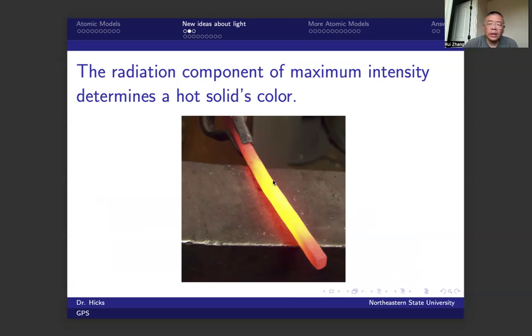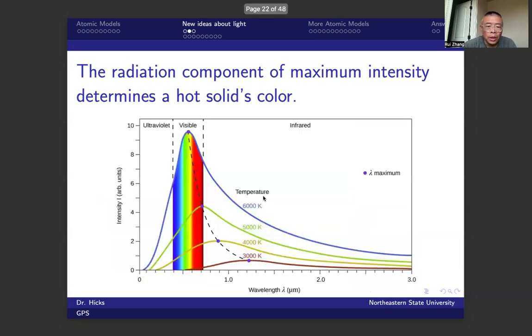And this is the radiation of light coming out of the solid. So you can do quantitative measurements, and you can measure the wavelengths and intensity from this hot solid radiation. Notice that at different temperatures, you can see different colors of this radiation.